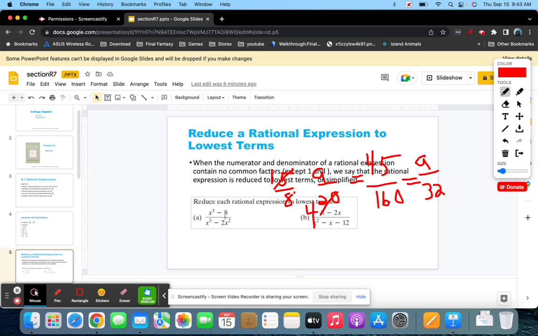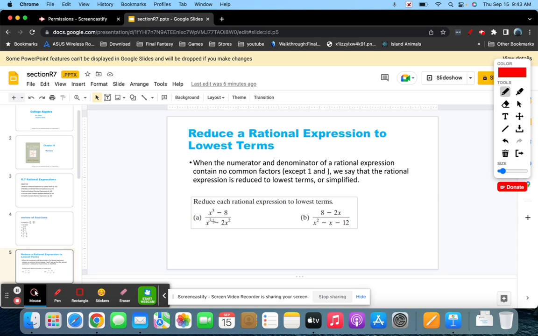All right. Let's clear that and see. Similarly, with rational expressions, reducing those, we want to break down the numerators and denominators into their factors and see if any of them can cancel out and reduce.